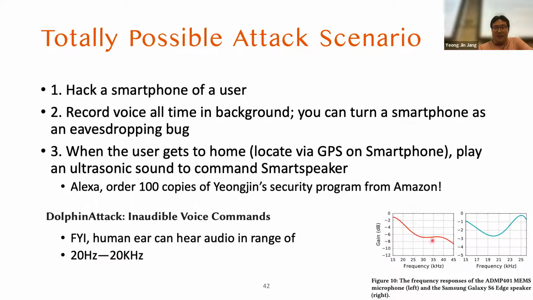But the speakers react to frequencies over 20,000. So if I play the Alexa order 100 copies at 25K hertz, nobody here can hear it. So that's actually secretly launching the attack.